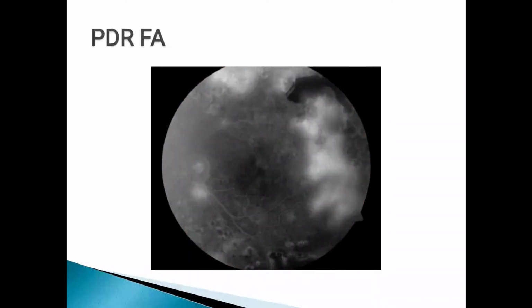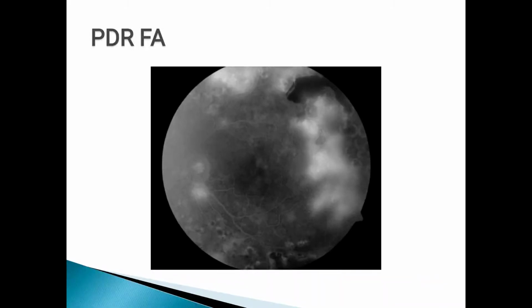If you do fluorescein angiography, what is the characteristic finding of proliferative diabetic retinopathy? You can see new blood vessels, and the hallmark of new blood vessels is that they leak very profusely, and that is present in all phases of fluorescein angiography. Early and profuse leakage is the hallmark of PDR.